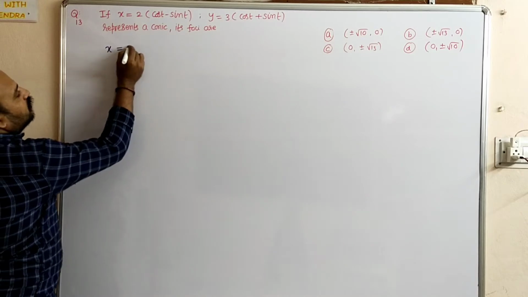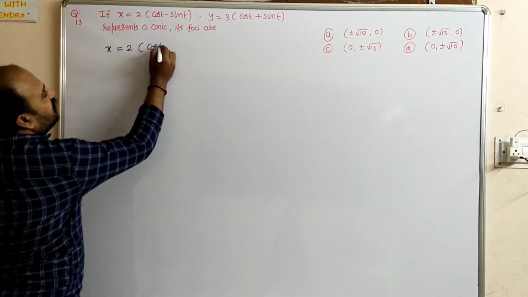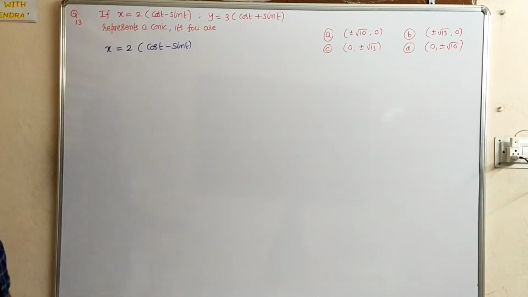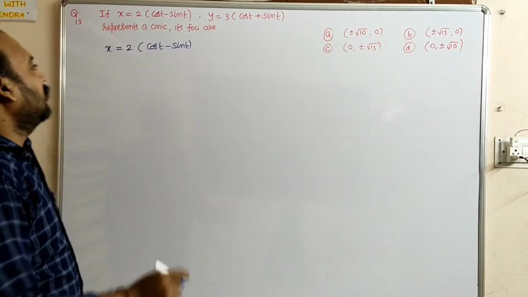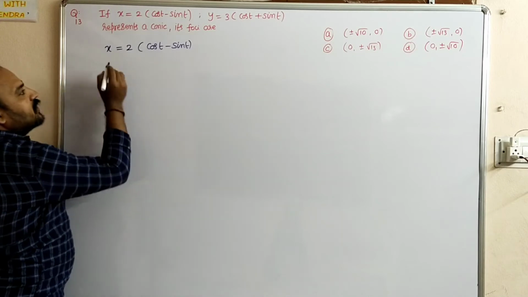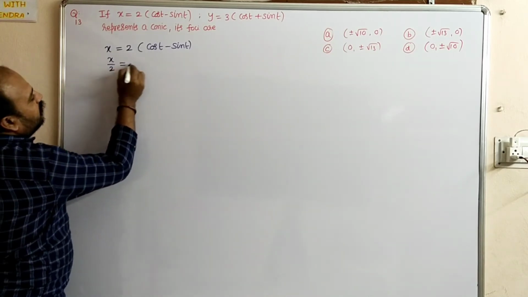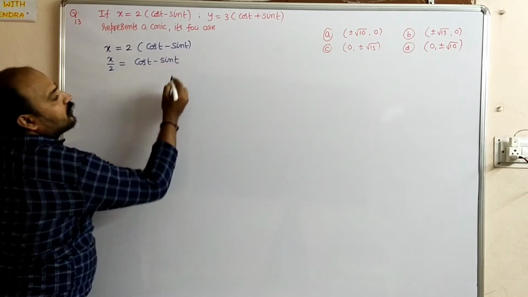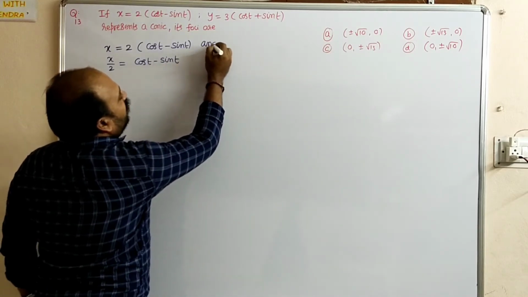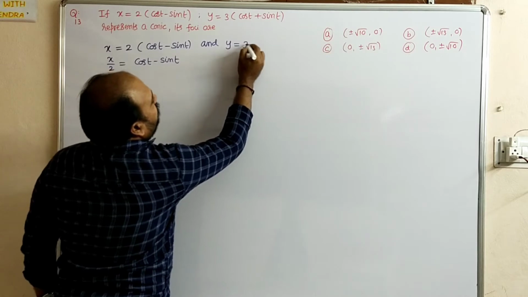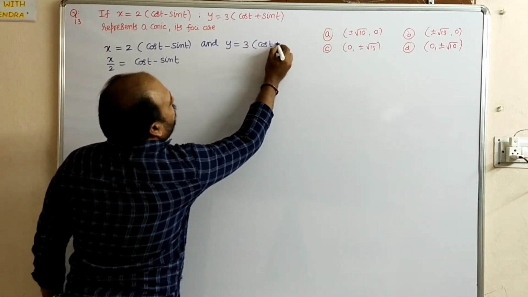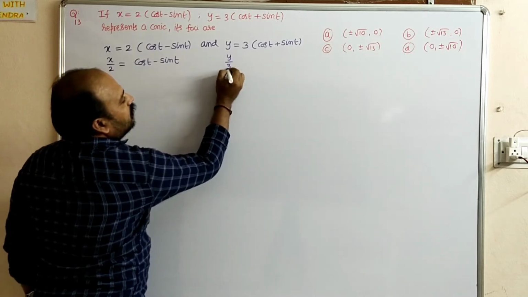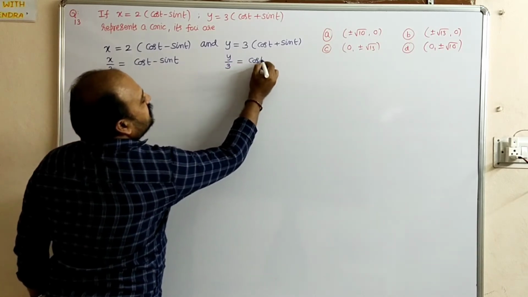x = 2(cos t - sin t). I already said in the previous classes, whenever sin and cos are there, square on both sides and add. So x/2 = cos t - sin t. And the second equation, y = 3(cos t + sin t), so y/3 = cos t + sin t.